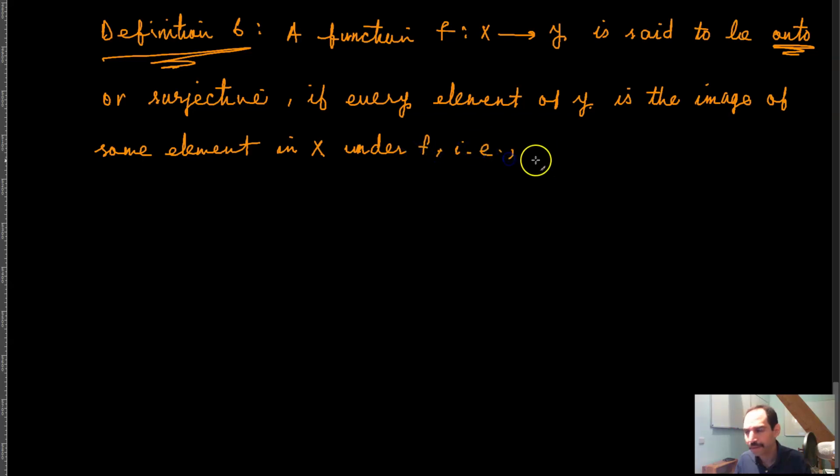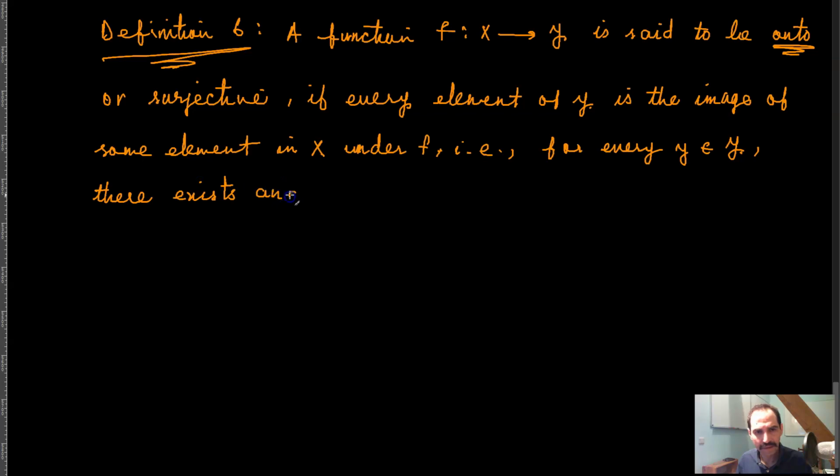That is, for every y belonging to Y, there exists an element x in X such that f of x is equal to y.